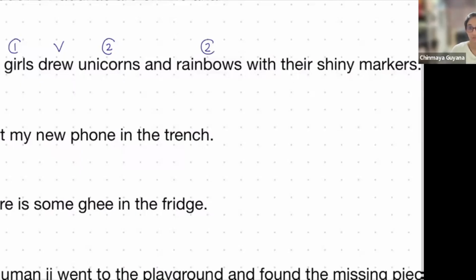Right? They drew unicorns and rainbows with their shiny markers. So markers will be third case. Numbers. How many girls? Plural. How many unicorns? Plural. How many rainbows? Plural. How many markers? Plural. Okay?